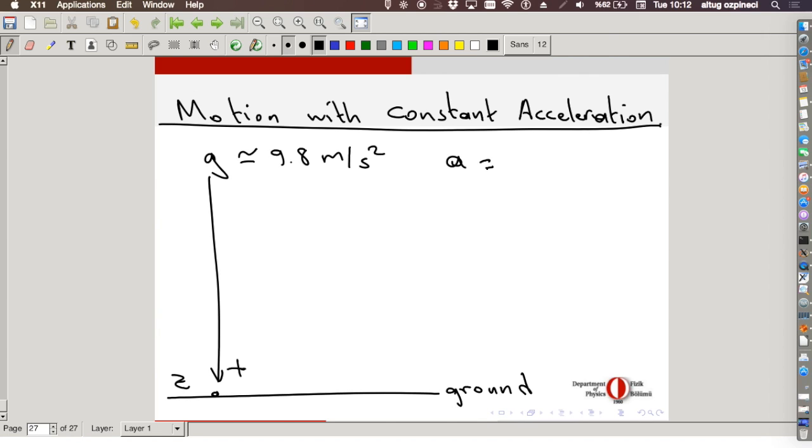If I throw it vertically upward, I know that the object will always be accelerating toward the ground. So if I throw the object vertically upward or vertically downward, would it make any difference what the acceleration is? Acceleration is always the same. It is always pointing in our plus direction. So the acceleration is always g. Not minus g, it is always g.